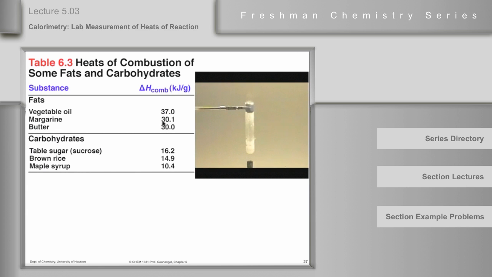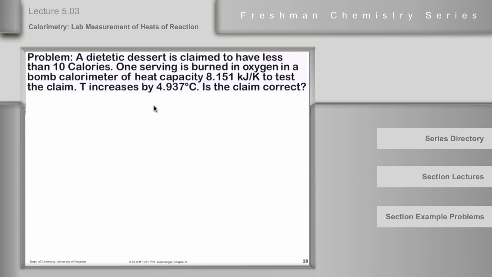And the question is, by measuring the heat of combustion, we get a certain number of data coming out of it. And one serving is burned in oxygen in a bomb calorimeter, heat capacity 8.151 kilojoules per Kelvin to test the claim. The temperature increases by 4.937 degrees Celsius.